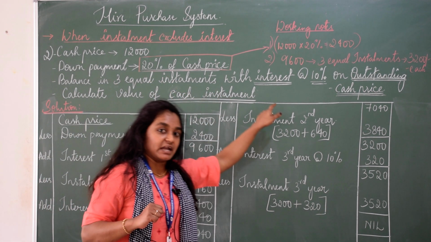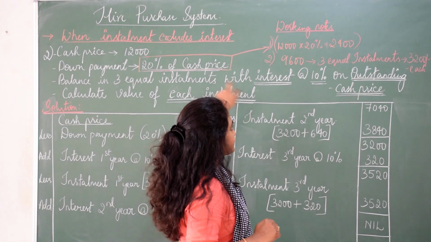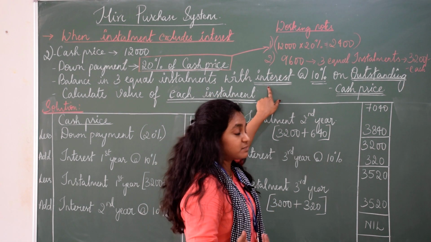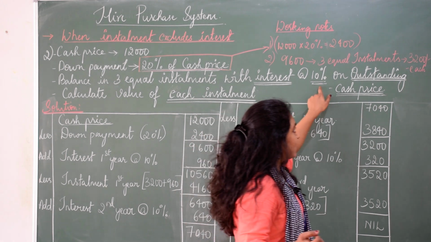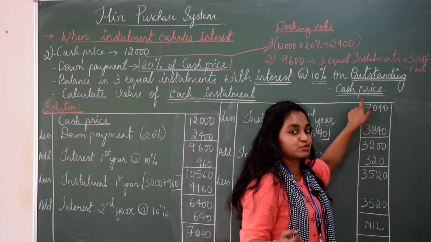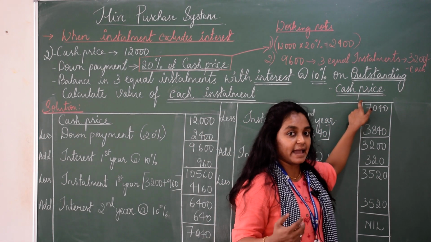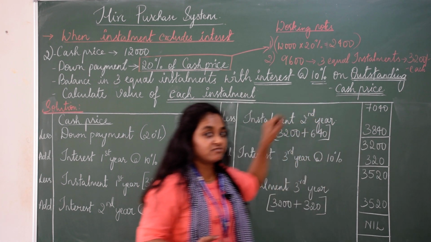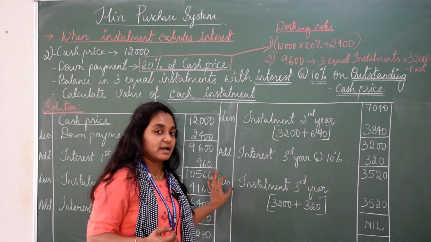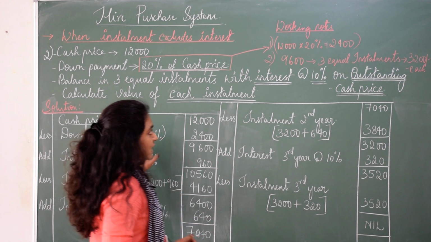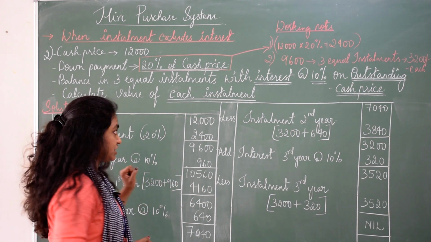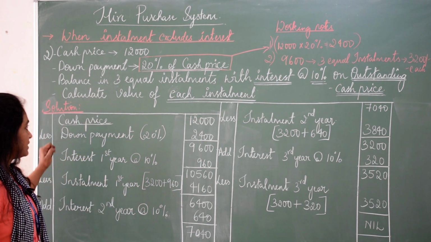Along with that, they have an additional statement telling that the installment should always be paid with interest at 10% on outstanding cash balance or outstanding cash price. So, this is the most important part of the adjustment that we will be showing in the format that we have already done. It is the same format that we followed in the previous session.